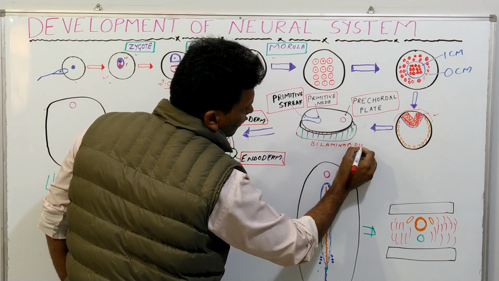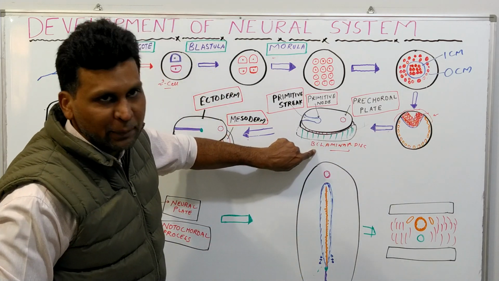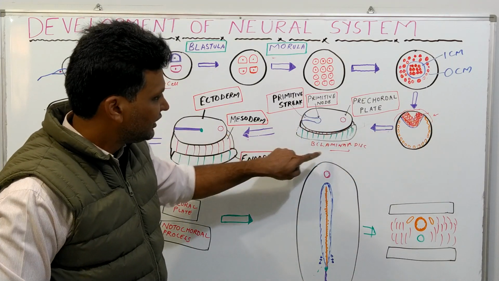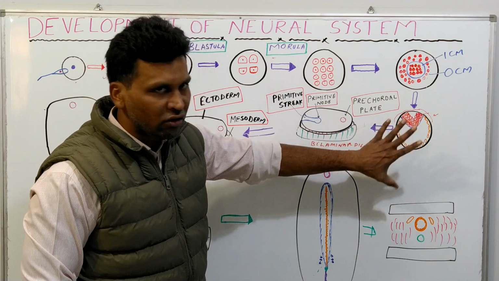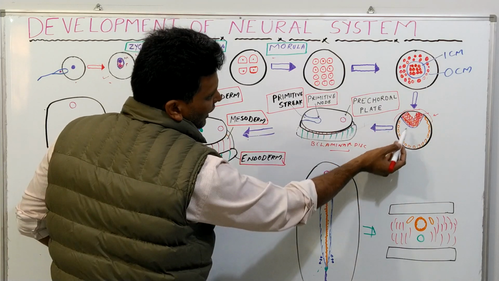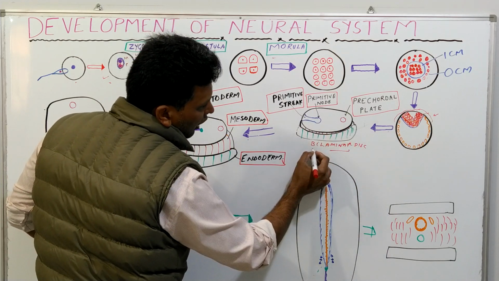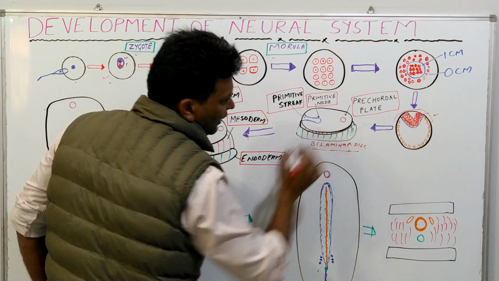From the inner cell mass, these cells form the bilaminar disc. I am not going into the detail of the amniotic cavity and the yolk sac. I only want to say that these cells are rearranging and will undergo the formation of the bilaminar disc.